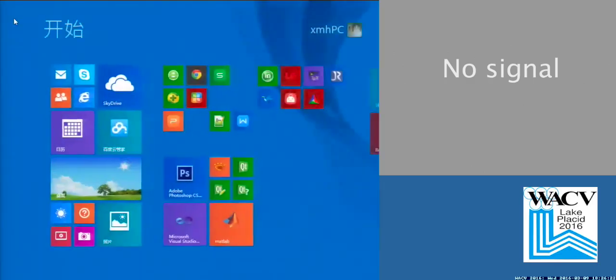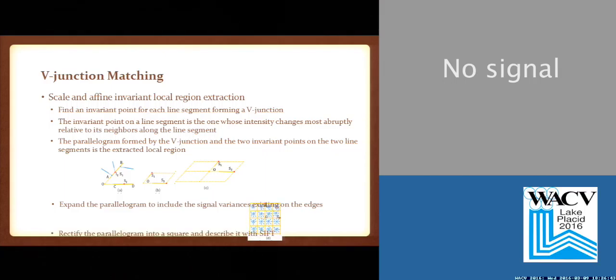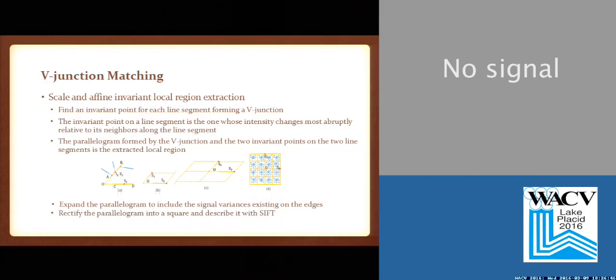The parallelogram formed by the V junction and the two invariant points on the two line segments is the extracted local region. After that, we expand the parallelogram to get a larger one to include the signal variance on the edges. And finally, we rectify the expanded parallelogram into a square and describe it with SIFT.